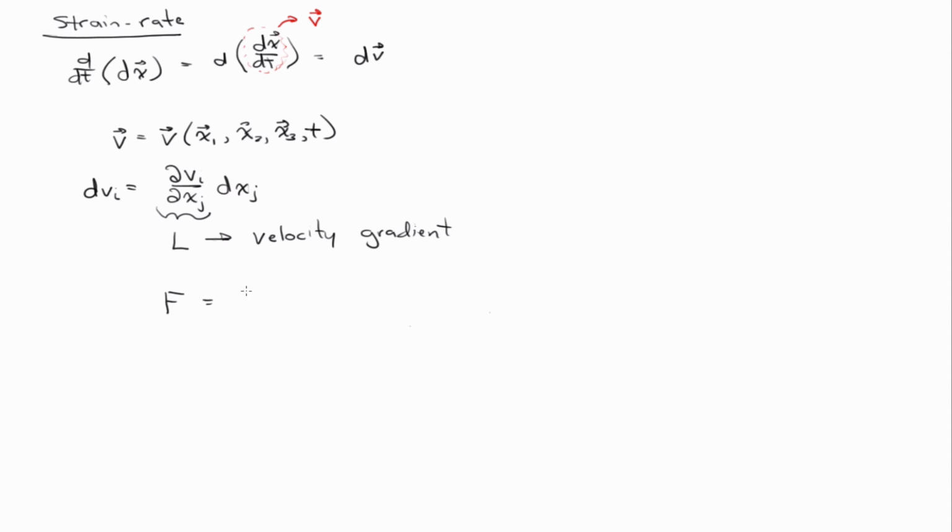Remember, F is d little x. I'm going to say F_ij, right? It's partial little x_i, partial big X_j.